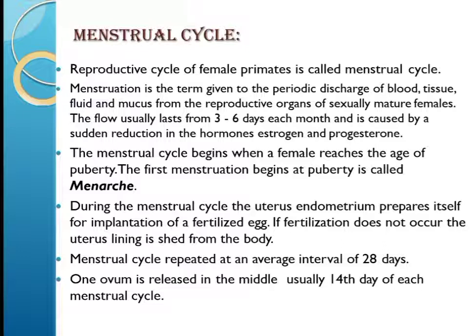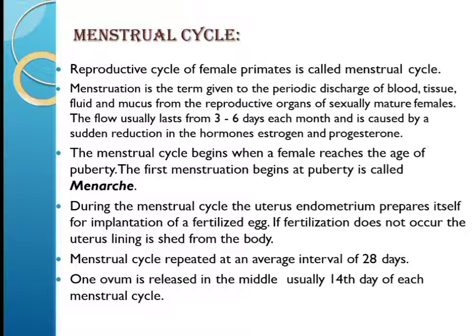Menstruation is the term given to the periodic discharge of blood, tissue fluid, and mucus from the reproductive organs of sexually mature females. The flow usually lasts from 3 to 6 days each month and is caused by a sudden reduction in the hormones estrogen and progesterone.